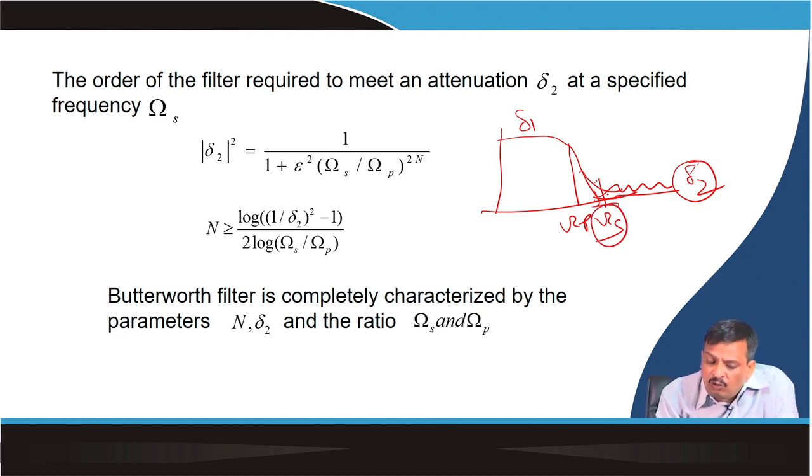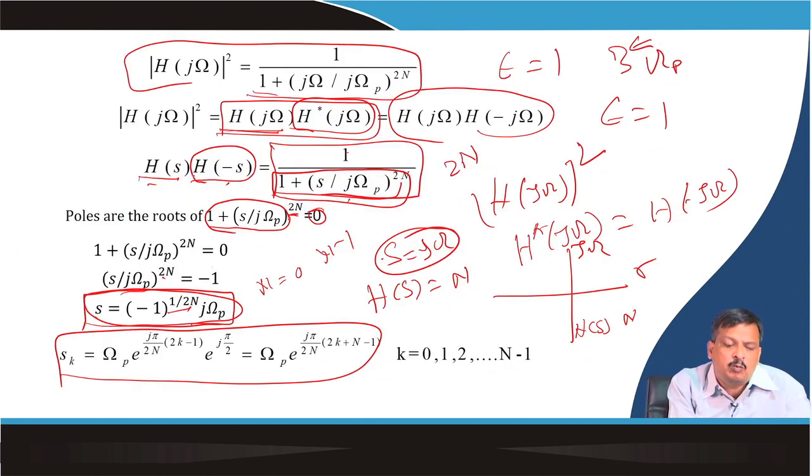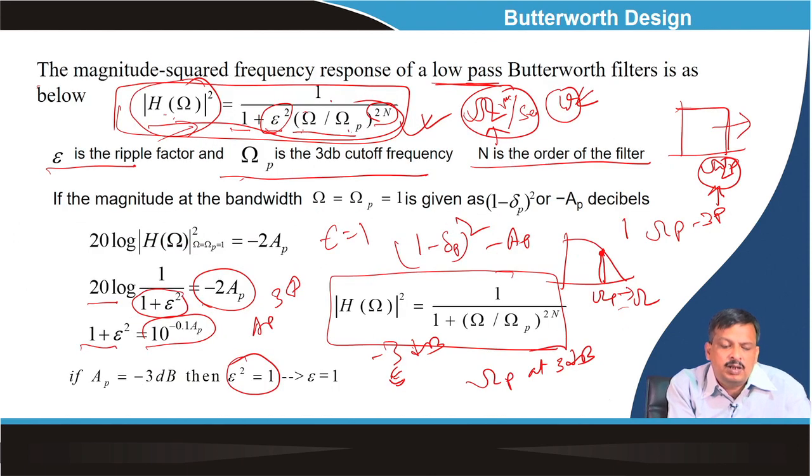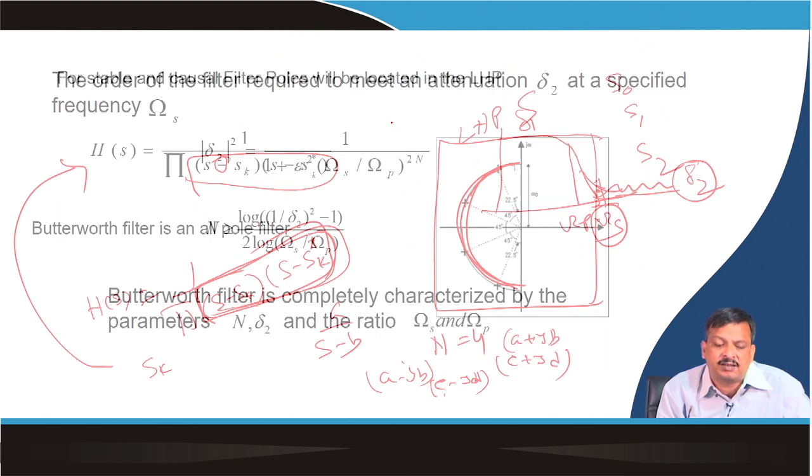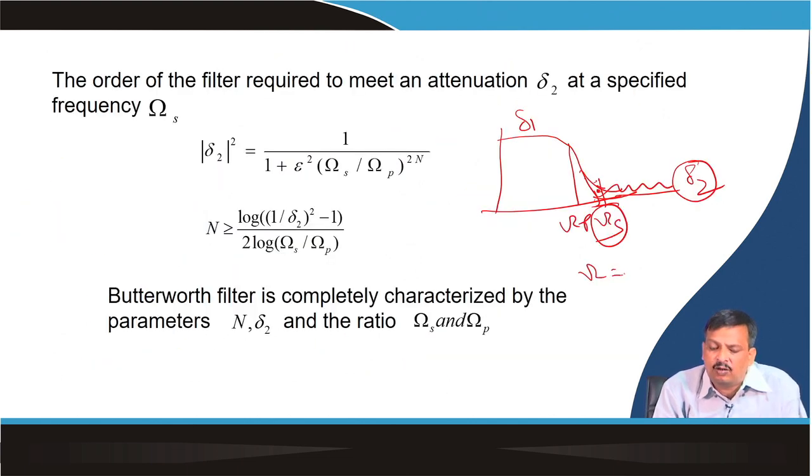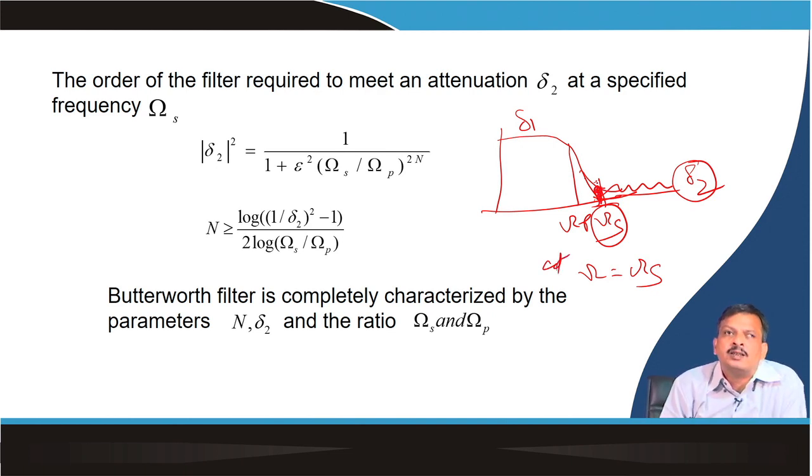At the stopband edge frequency, what is the square magnitude? I know that magnitude of H of omega squared is 1 by 1 plus epsilon squared times omega divided by omega p to the power 2n. At omega equal to omega s, the stopband edge frequency, the amplitude is delta 2.